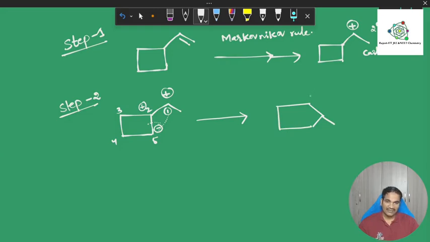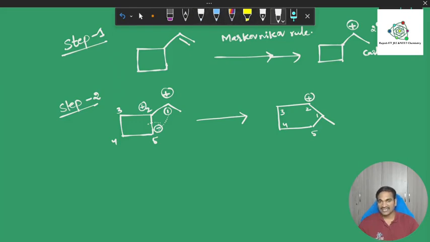Have you got it? Where is the positive charge? Here is the positive charge. This is first carbon, second, third, fourth, and fifth. So the ring is expanded from 4-membered to 5-membered. Is it clear? Because an adjacent carbocation is there, this ring expansion is possible. Without a cation or positively charged carbon atom, ring expansion is not possible.